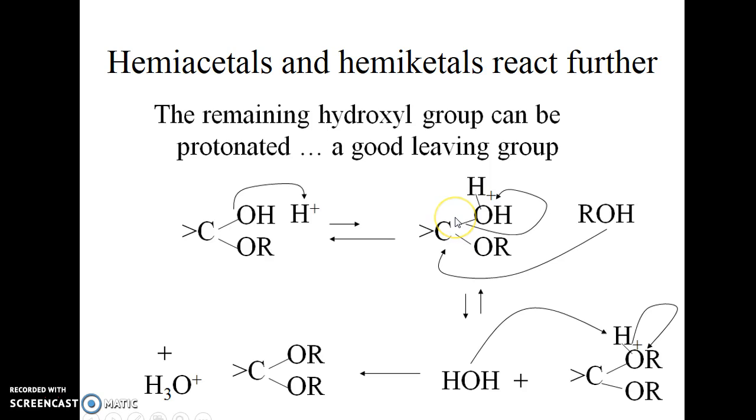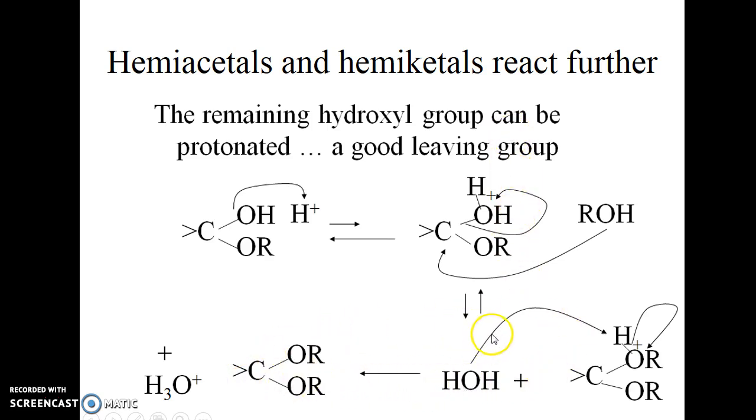Of course, you would have an intermediate of a positive charge, not shown here. So the alcohol then comes into the positive charge on the carbon and forms this protonated ketal or acetal, and then the water or an alcohol would deprotonate it. These are all equilibrium reactions.